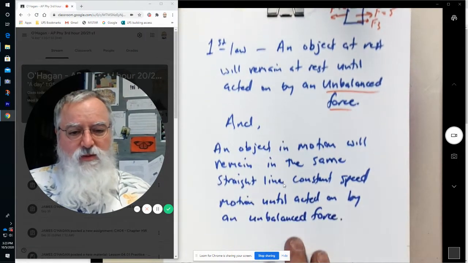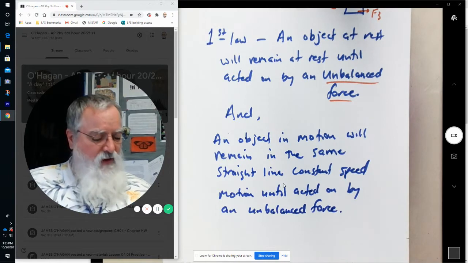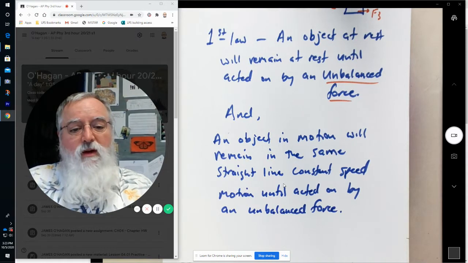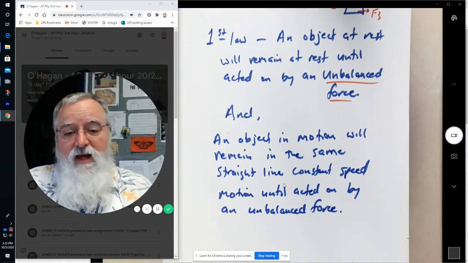Wow, that's a lot of words. An object in motion will remain in motion, will remain in the same straight line, constant speed motion until acted on by an unbalanced force.